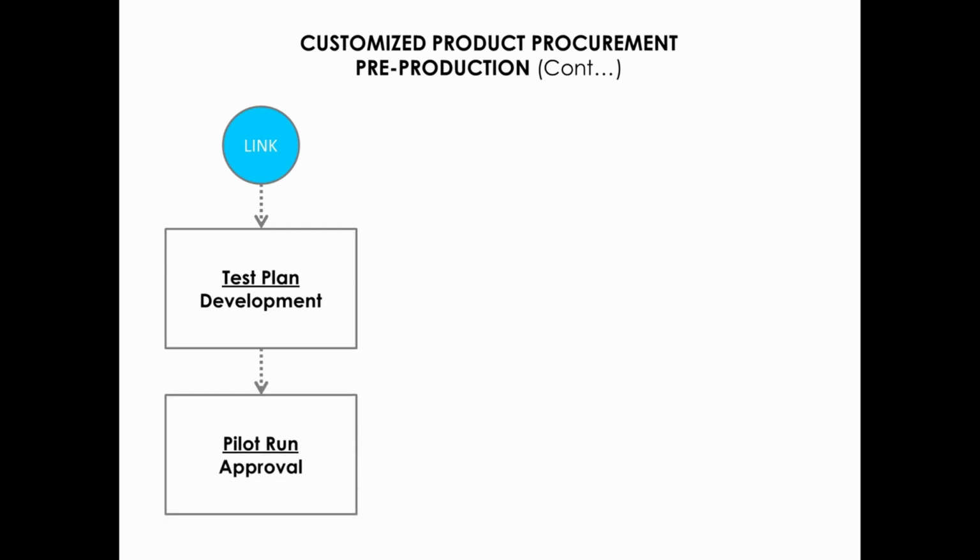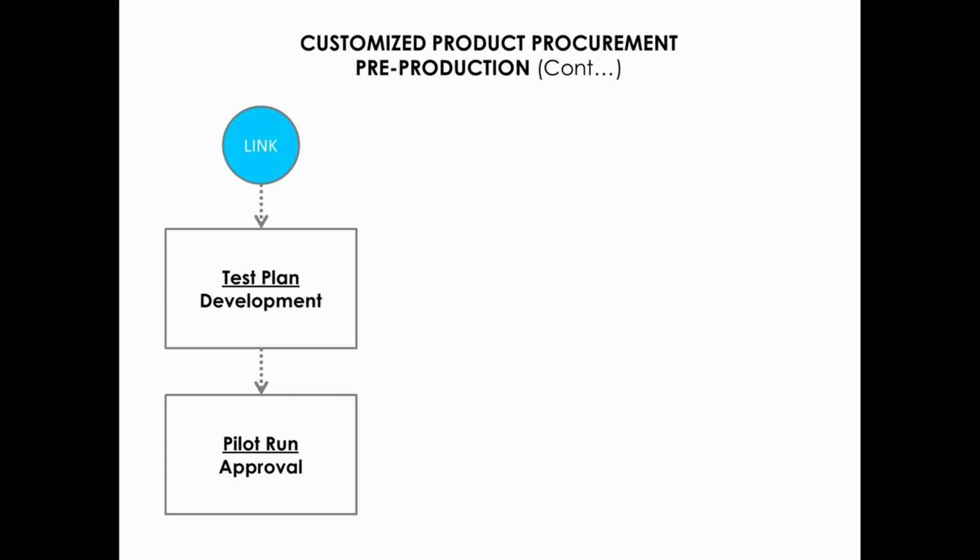The last step in the pre-production phase is to conduct a pilot run. This should be conducted with the intended mass production setup, including all of the correct tooling, test equipment, procedures and processes that will be in place, as well as the actual operators that will be assigned to build your product.